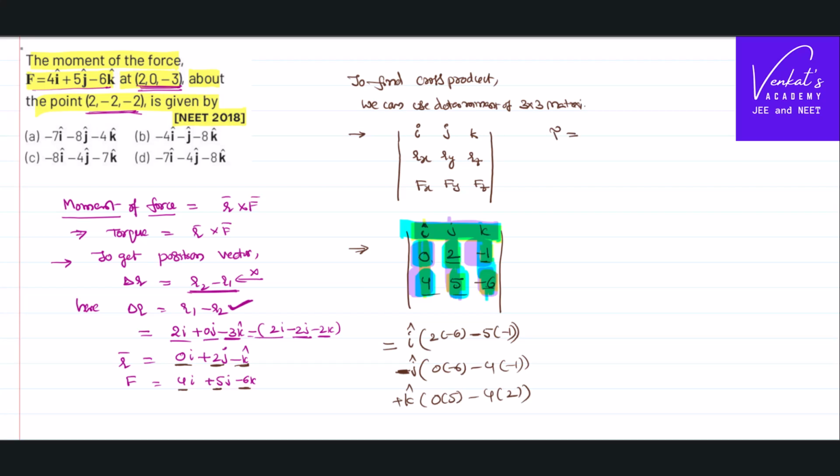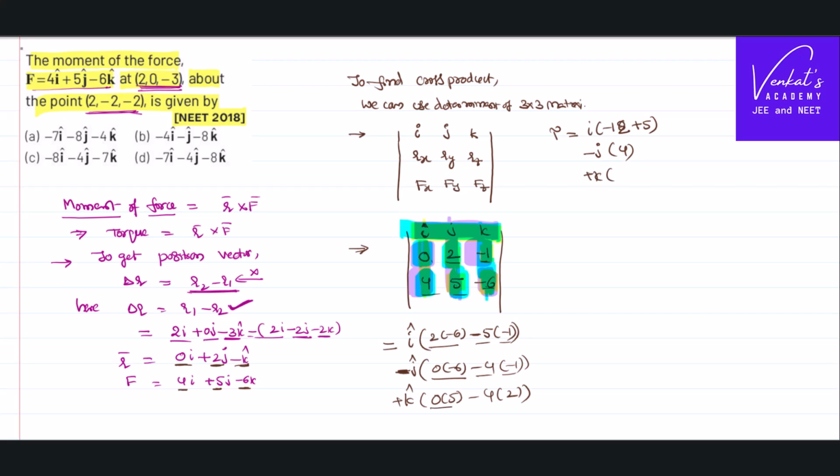So torque equals i of 2 into minus 6, minus 12, minus 5 into minus 1, plus 5. Minus j of 0 into minus 6 is 0, minus 4 into minus 1 equals plus 4, so plus 4.